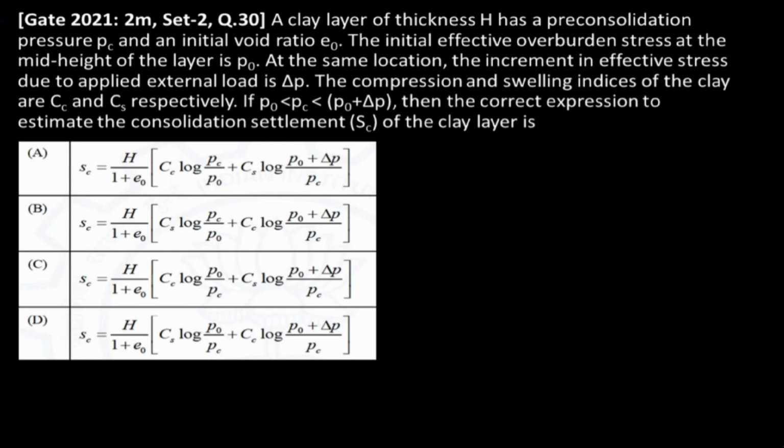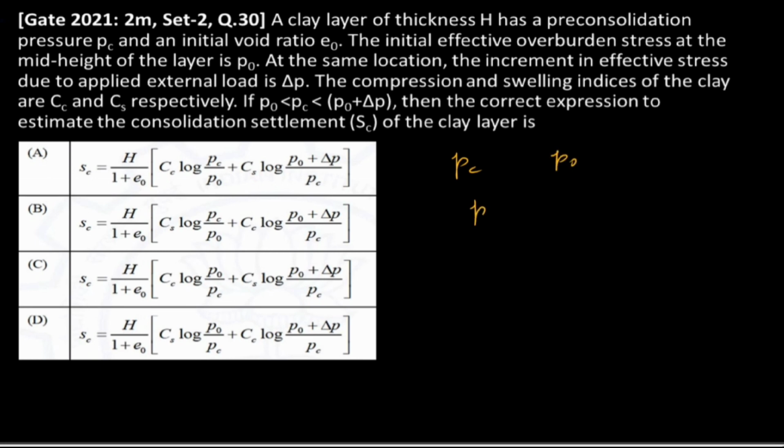So from this data we can get the pre-consolidation pressure, which is Pc, and the initial effective overburden pressure, that is P naught. From P naught it is changing to Pc, and at initial consolidation the clay will be in a swelling state.